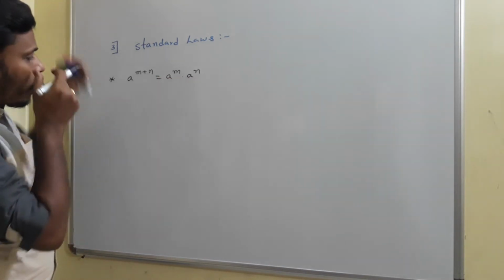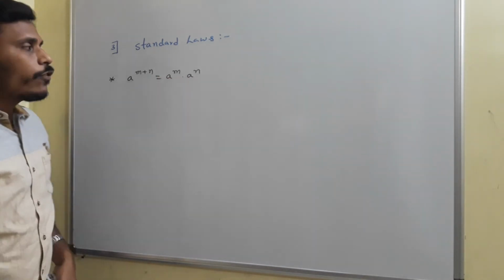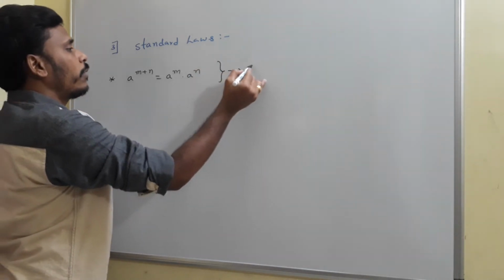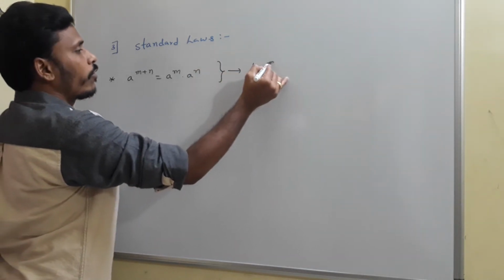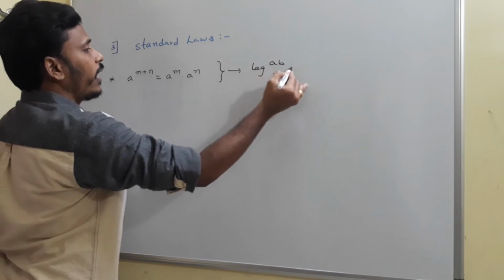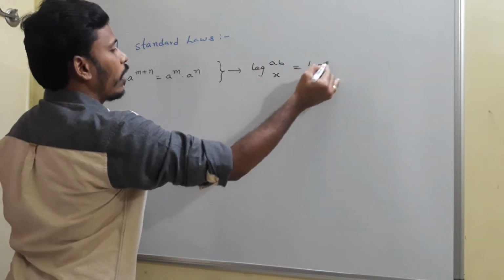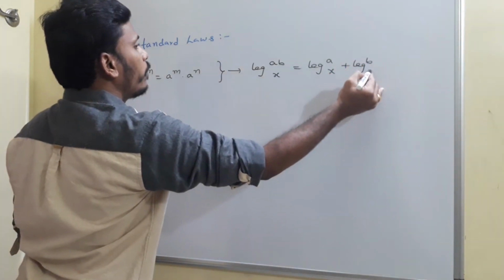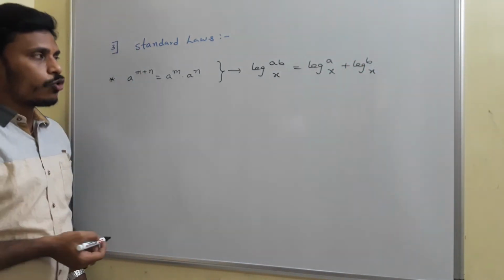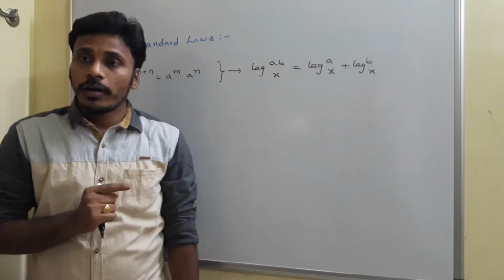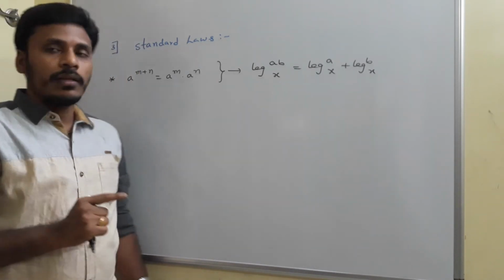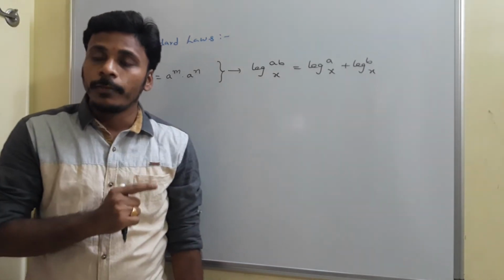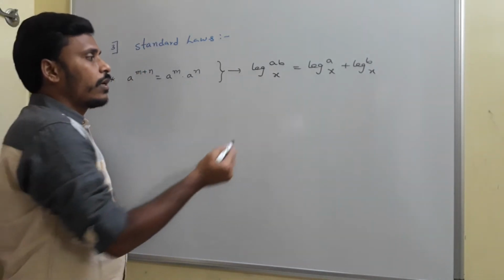Using this law, we develop a law of logarithm: logarithm of ab to the base x is equal to logarithm of a base x plus logarithm of b base x. Make sure that the logarithm of the product is equal to the sum of the logarithms. Once again, the logarithm of the product ab is equal to the sum of the logarithms.